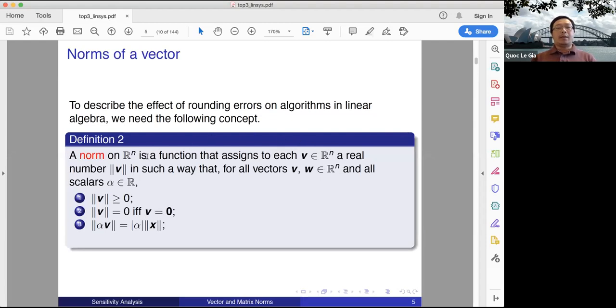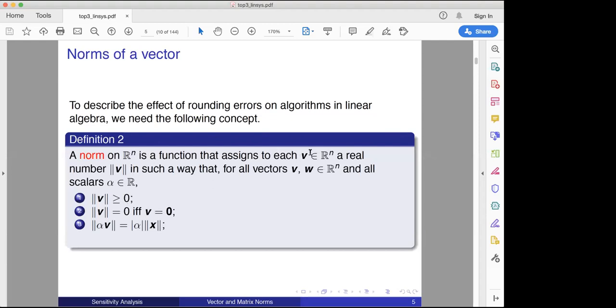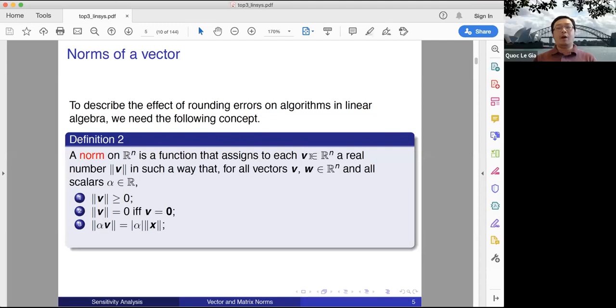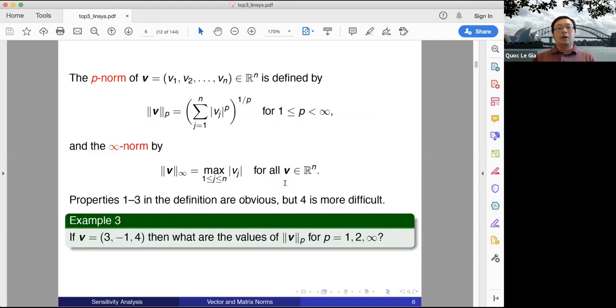So remember last time we were talking about norms of vectors. A norm of a vector is just a way to quantify a vector in Rn by a number, okay? And we discussed the one norm, the two norm, and the infinity norm, yeah?